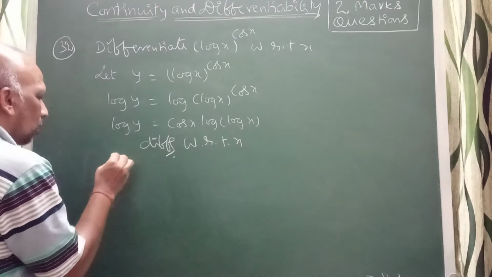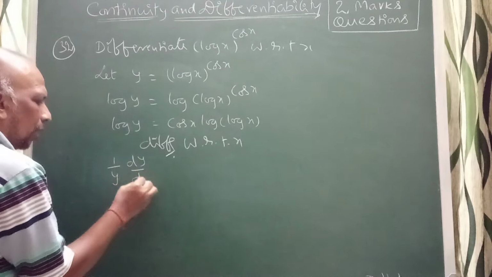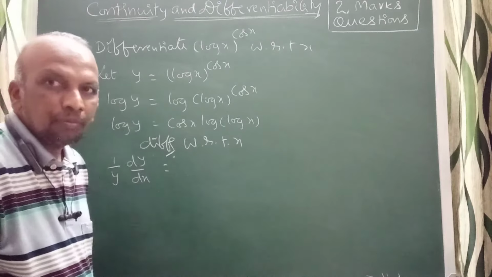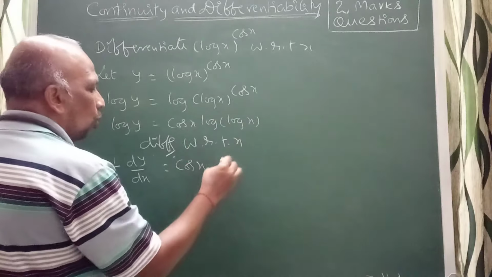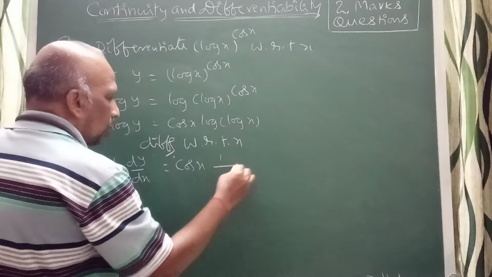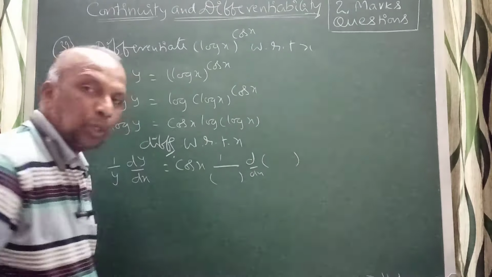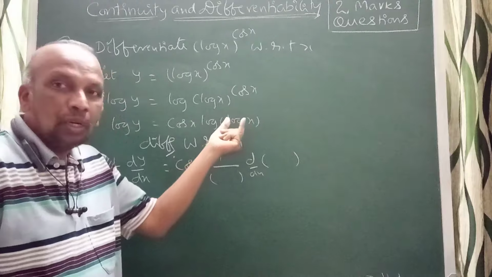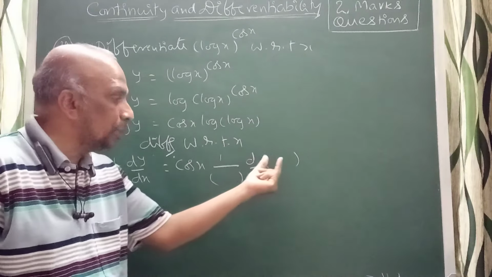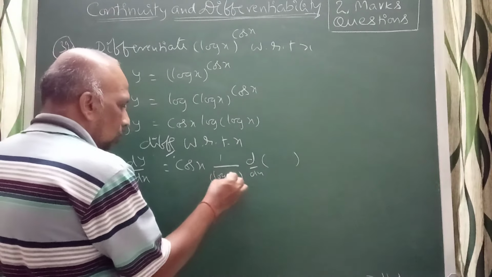Then for log y, 1 by y, derivative of y, dy by dx. Now product rule: cos x into derivative of log of log x. We know the derivative of log x is 1 by x; when it is log of something, it is 1 by something, dy by dx of something. What is the something? It is log x.